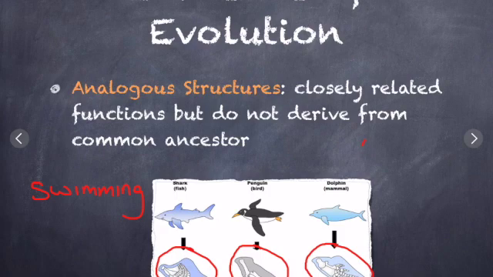But because all of these animals swim, they've evolved similar characteristics. Even though they are similar, they're not related because they haven't derived from the same common ancestry. They evolved because they all swim.